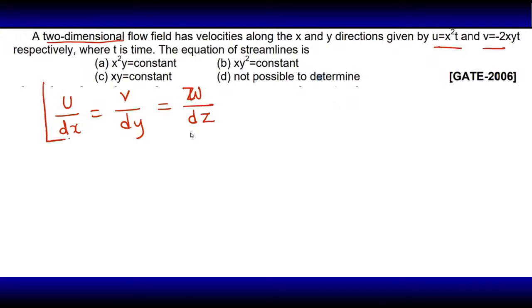Now let me tell you what is the equation of stream function. Very simple equation. In three-dimensional, dx by u equals dy by v and dz by w. This is the stream function equation. Now here, as they have said two-dimensional, they have said only u and v. So you can take this equation.